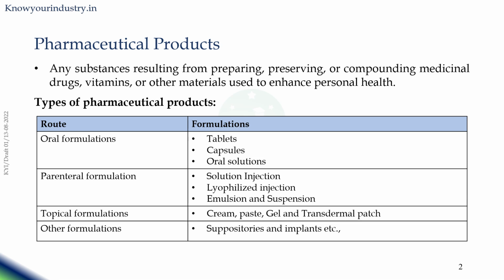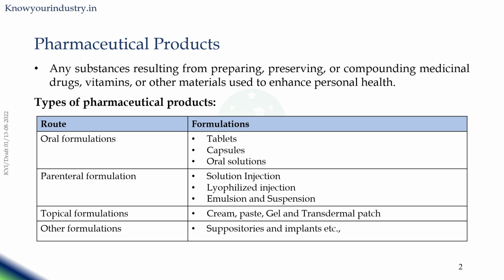Just to capture what we have come across during our pharmaceutics or pharmaceutical product development: any substances resulting from preparing or preserving or compounding medicinal drugs, vitamins, or other materials used to enhance personal health.